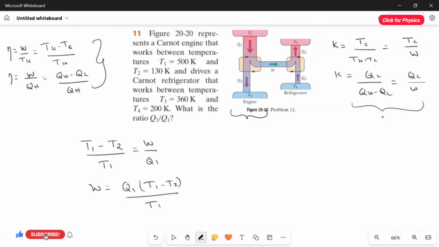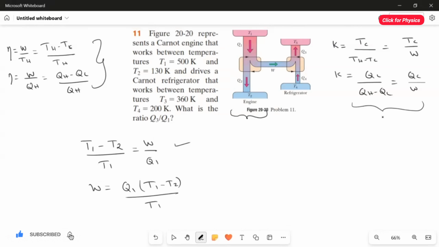What I did here, I will explain one more time. TH refers to T1. You can see this is the hot reservoir and this is the cold reservoir. So the temperature of the hot reservoir here is T1, so TH takes the value of T1 according to the diagram. Likewise, TC, the cold reservoir temperature here, is T2. So T1 minus T2 over T1 is equal to work done over energy, and the energy in the hot reservoir here is Q1.